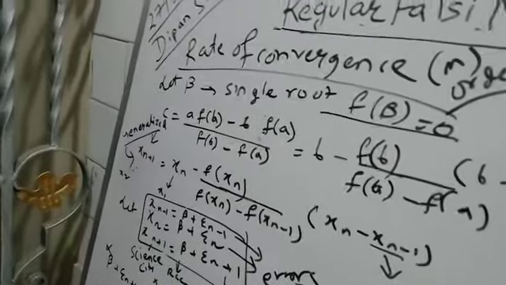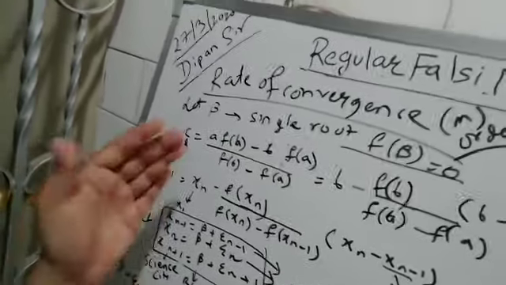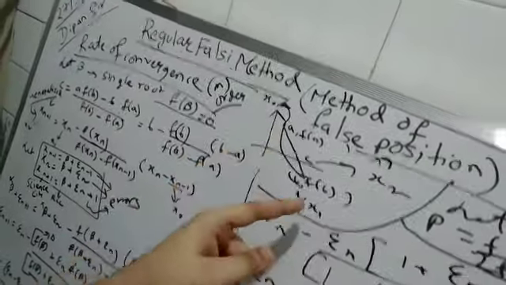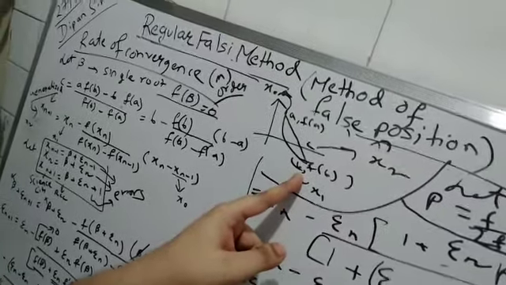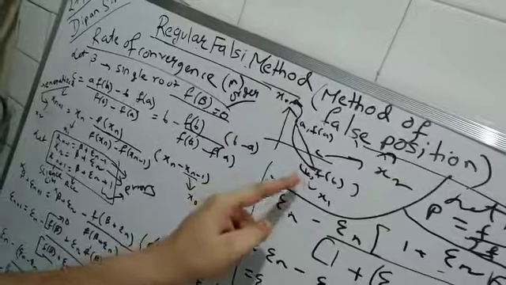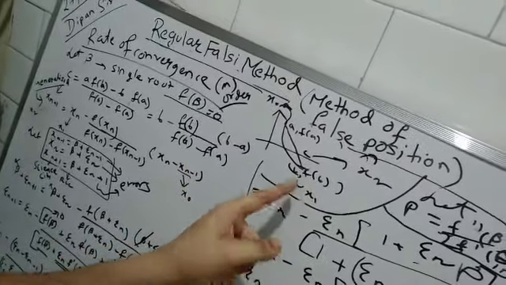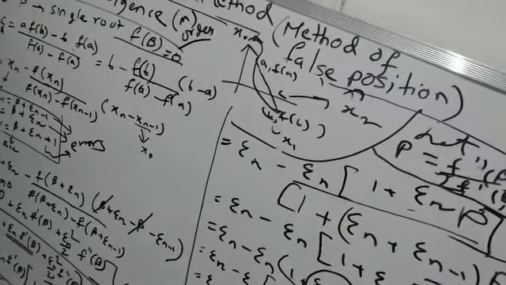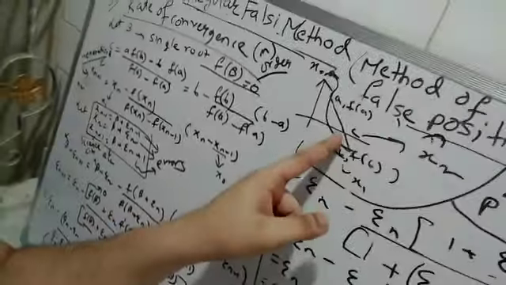Now let me make it more generalized. This was our curve, so this is point A, this is your point B. In some books, you will find that instead of these they write x0, and in some books x1, and the corresponding functions will be f(x1) and f(x0). And the new point, instead of c, they can write x2.